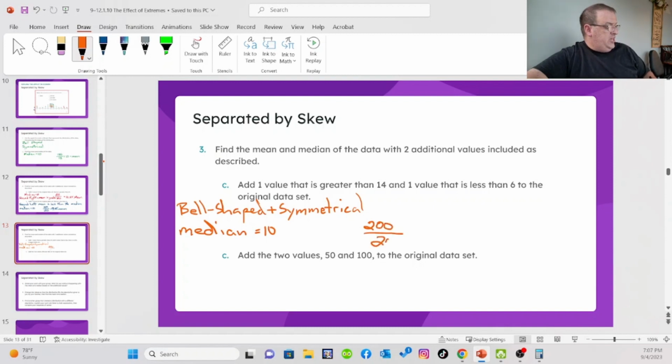We have 20 points, so 200 divided by 20 equals 10. And you notice, because this is still bell-shaped and it is still symmetrical, then my mean and my median have not changed. This is an important point. If you have symmetrical data, then your mean and your median will be the same.